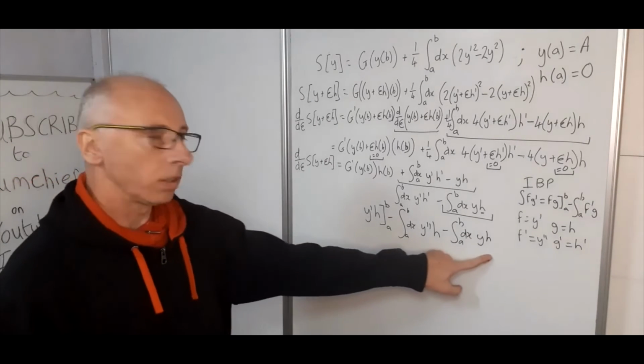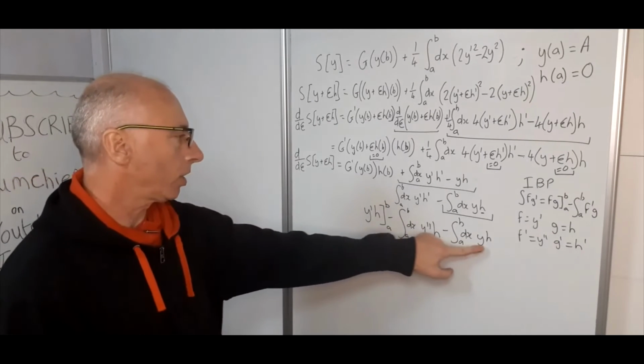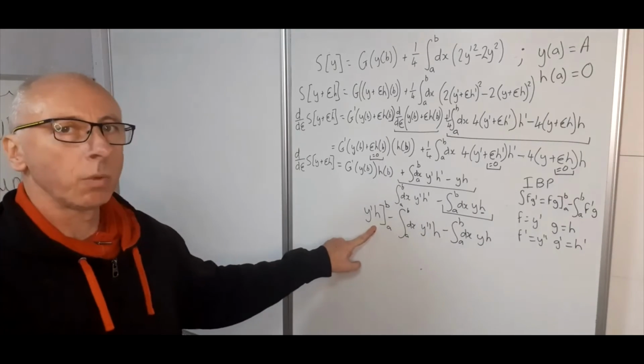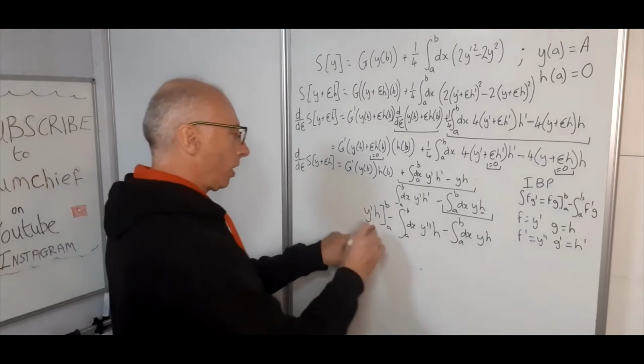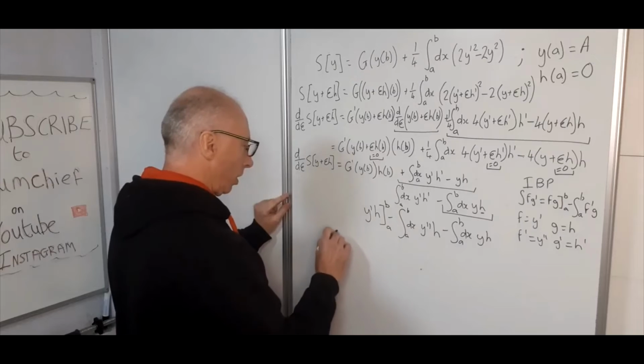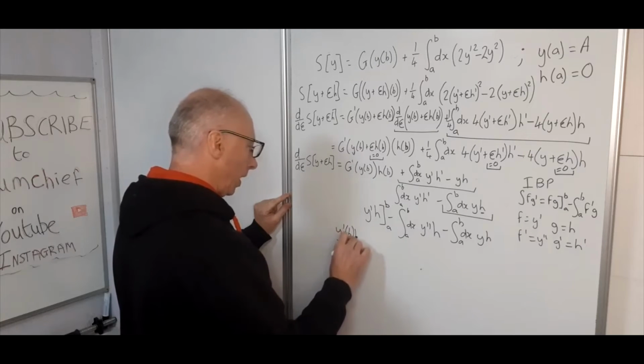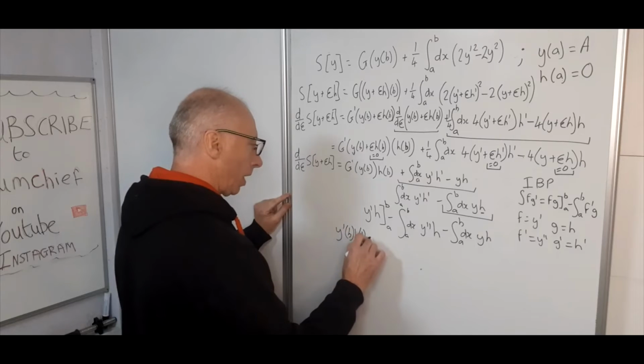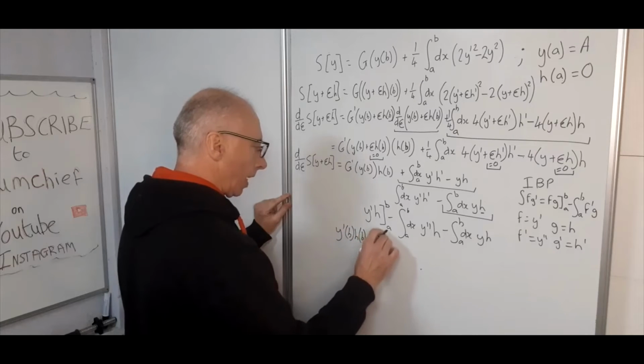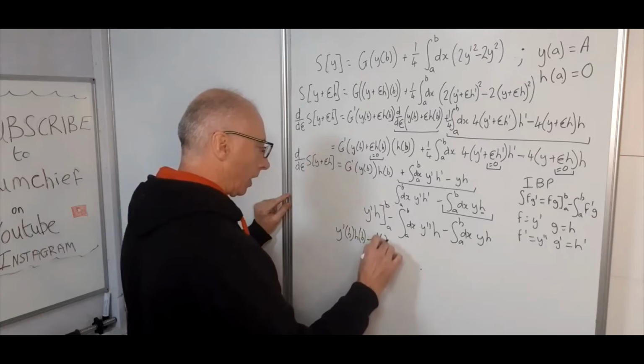Okay, this bit here looks like something we can deal with. We've got the h's as they are. We just need to work out the value of this one. So let's just do this one on its own first. So we've got y prime b h b minus y prime a h a.